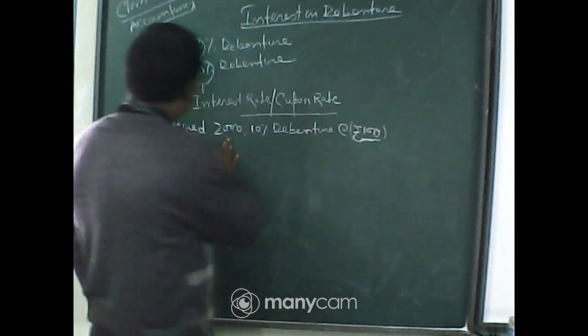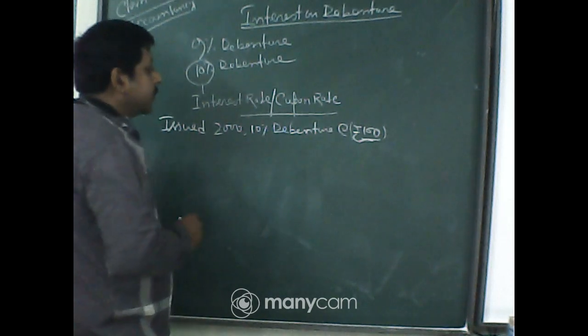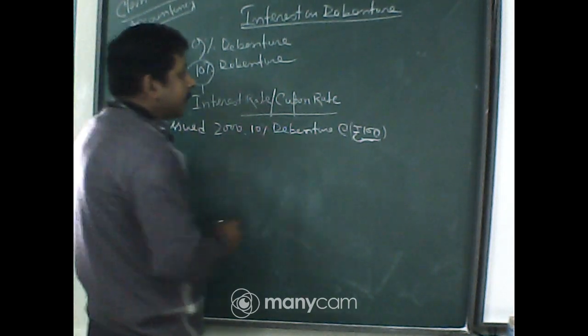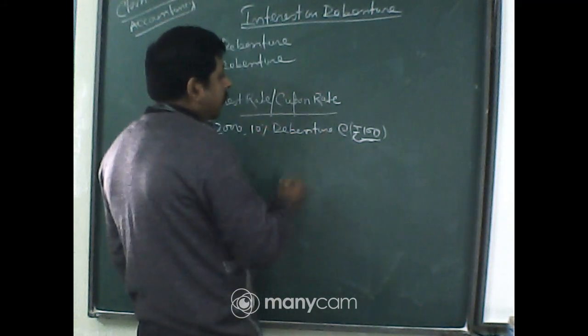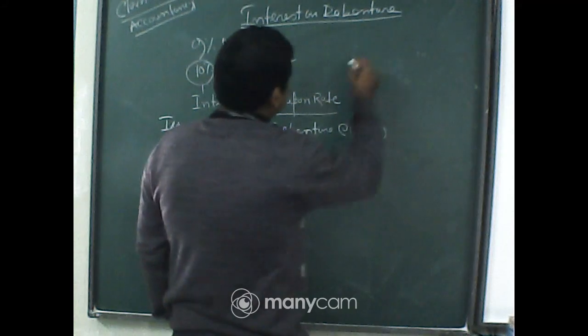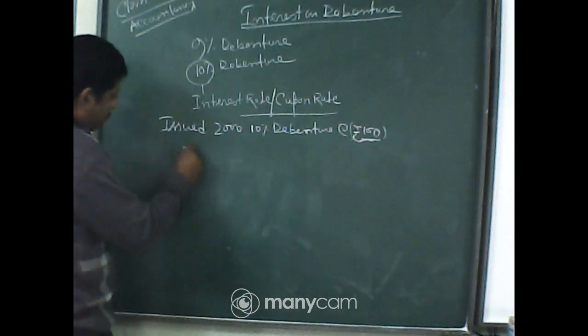Here you can see there are a total of 2000 debentures. The debenture interest rate is 10%. So how can we calculate the total debenture interest?